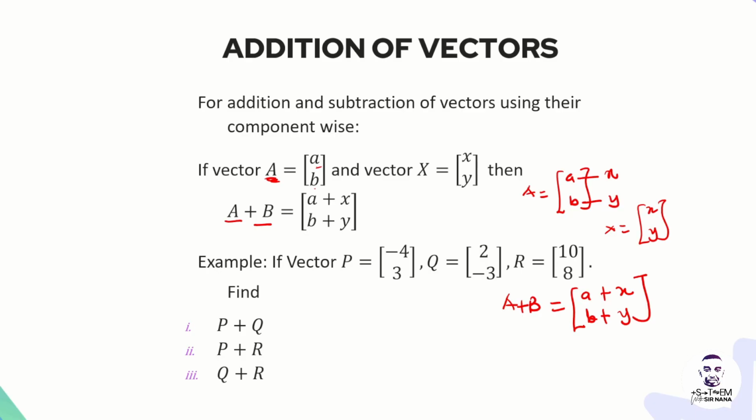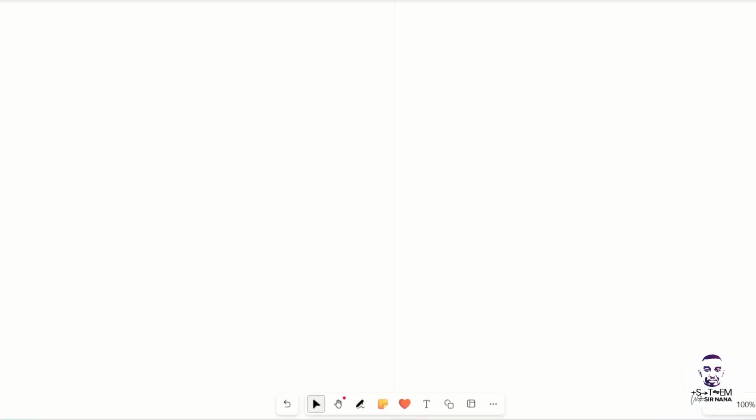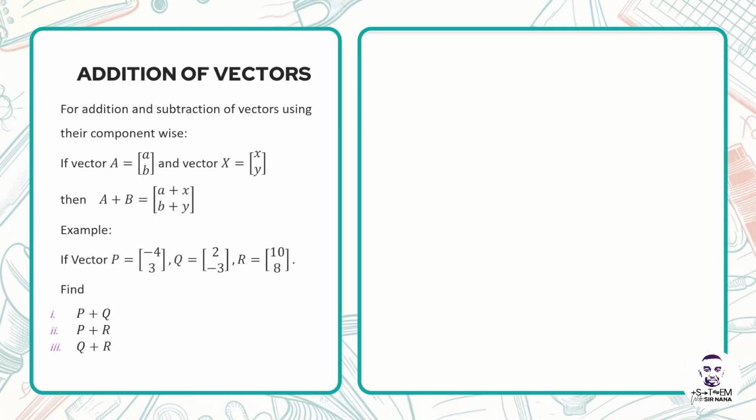And then we have an example here where we are asked to find P plus Q, P plus R, and then Q plus R, where we have been given P, Q, and R. So let's consider how we can solve this question. So we have been given our P, as we can see in the question, our P is equal to -4 and 3. And then we have our Q to be equal to 2, -3.